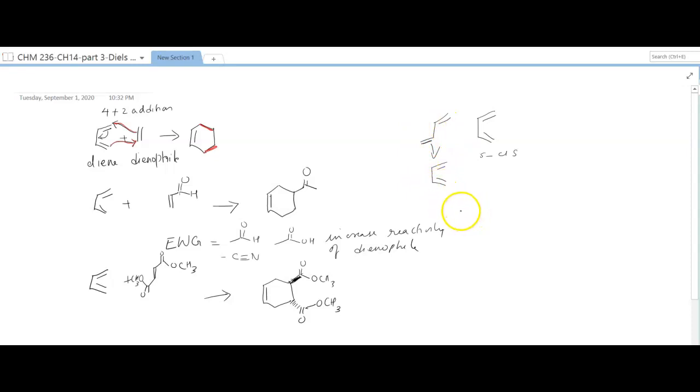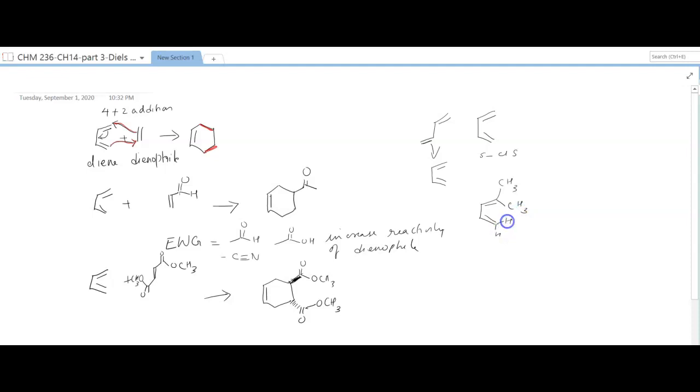So in that case, the Diels-Alder reaction might be either very slow or it will not happen. One example of that kind is something like this, where you have a diene again, however, you have sterically hindered groups attached to the carbon atoms.